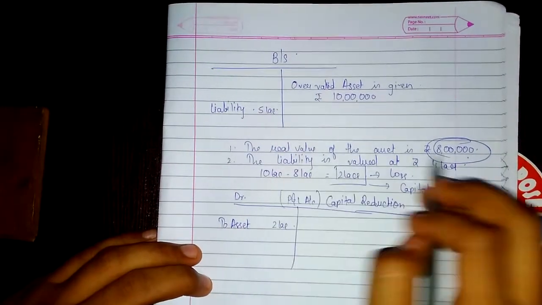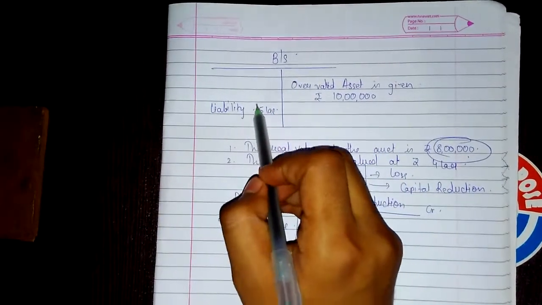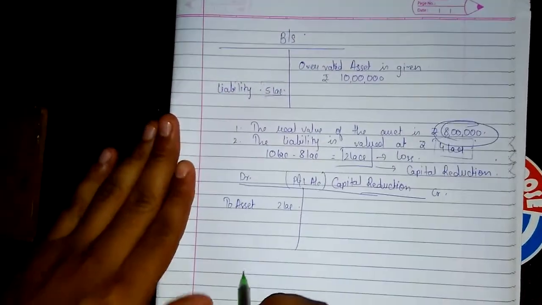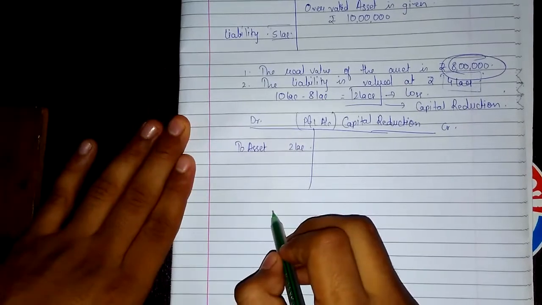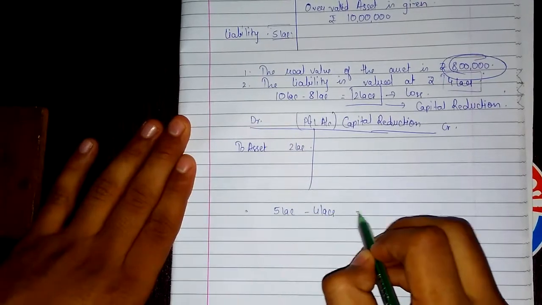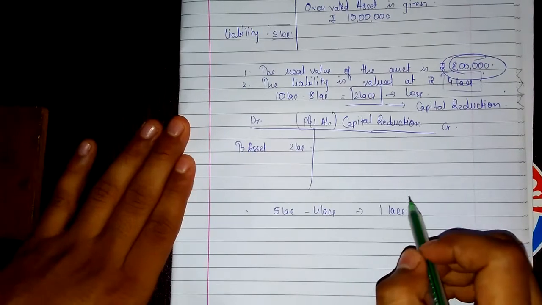What does this mean? In the old balance sheet the liability is 5 lakhs, but today it is only 4 lakhs. So we'll write it like this: 5 lakhs minus 4 lakhs is equal to 1 lakh. Is it a loss or is it a profit?